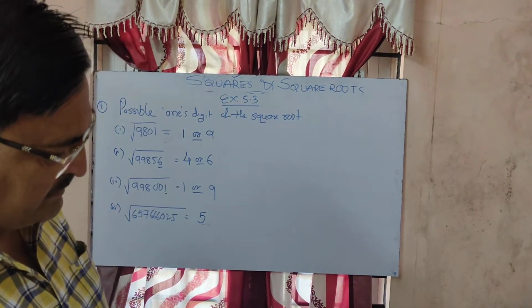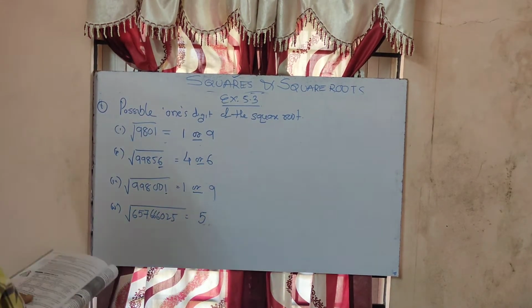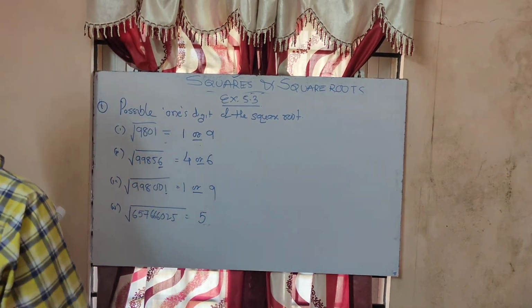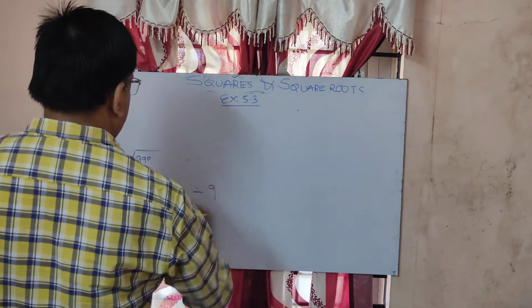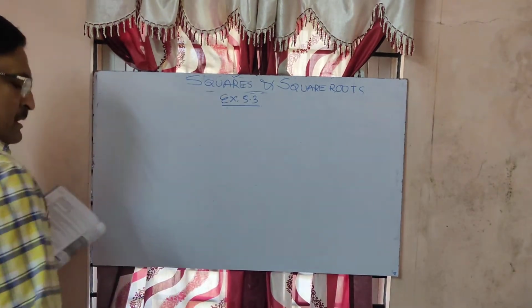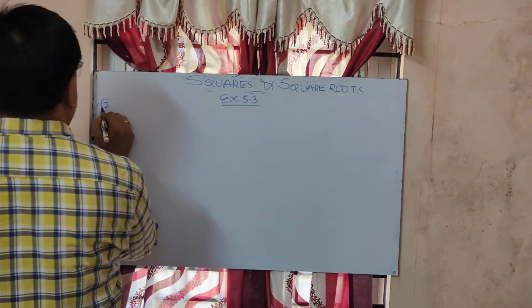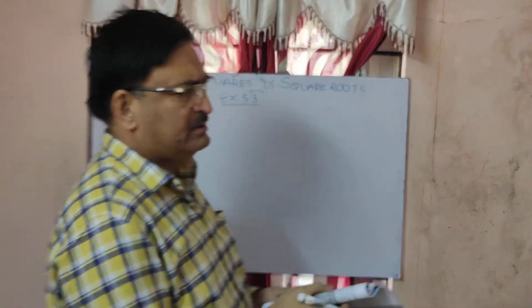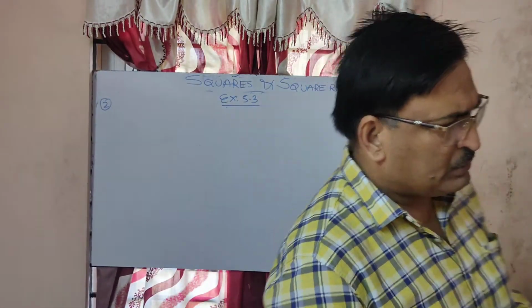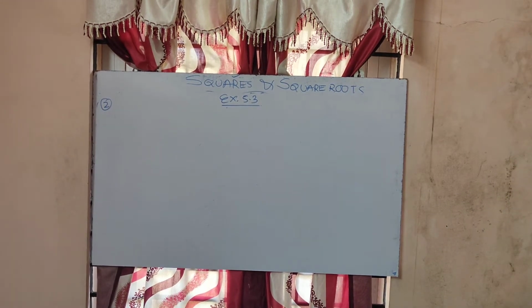Okay. Now we'll do the second question. What is the second question? First of all, you need to understand the question. Write it twice, thrice, and you can easily understand the method to solve the questions.